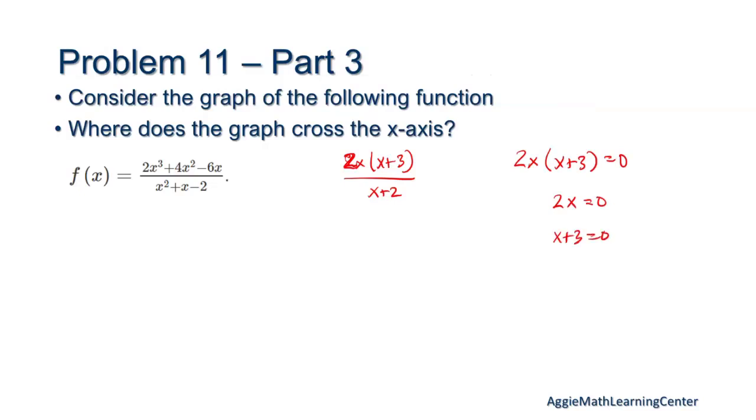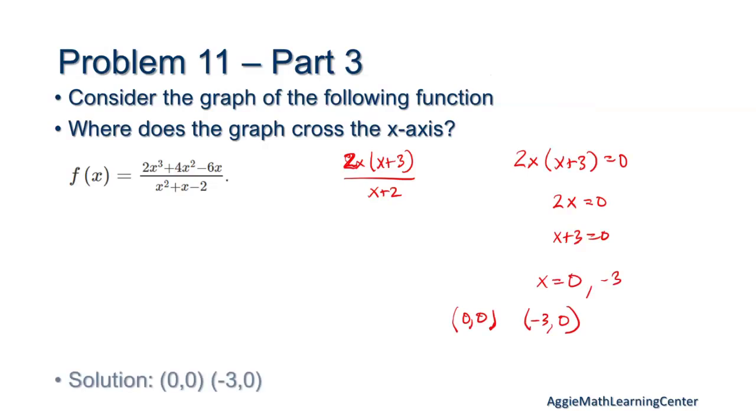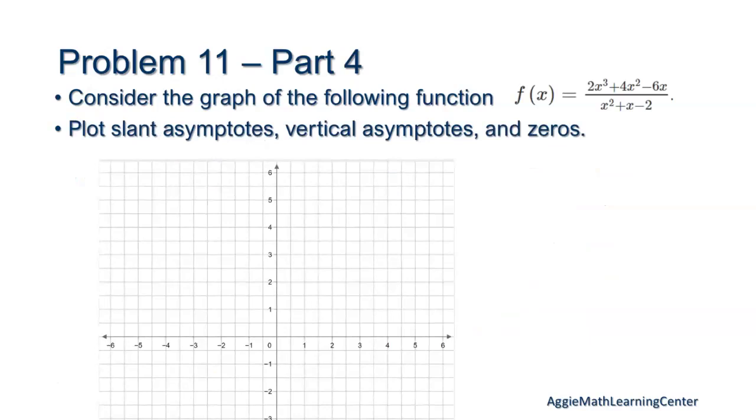And we have x equals 0 and negative 3 is where our zeros are. If we write that in coordinates, it would be 0, 0, and negative 3, 0. Any questions with that?